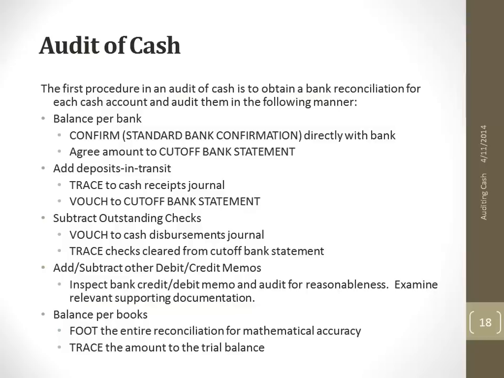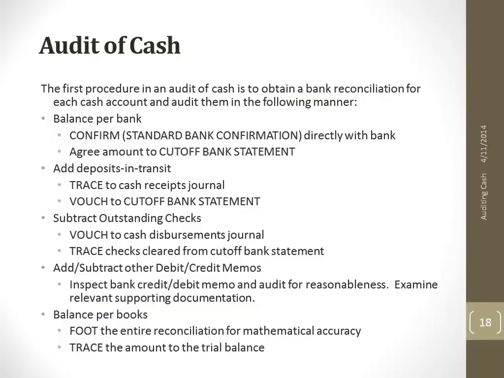Subtract any outstanding checks. Those are checks that the company has issued but that haven't cleared the bank yet. The auditor is going to vouch those cash disbursements to the cash disbursements journal, and also trace them to ensure that those checks have now cleared in the cutoff statement, which is subsequent to 12/31.